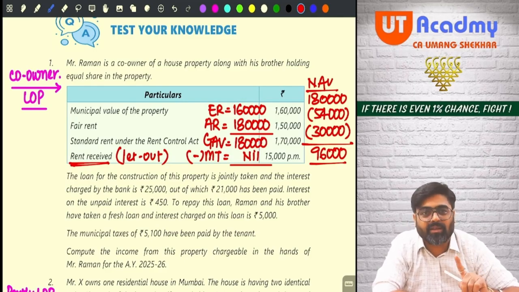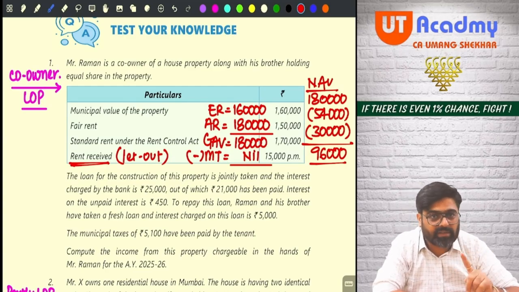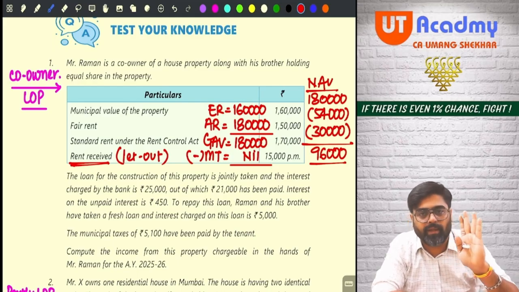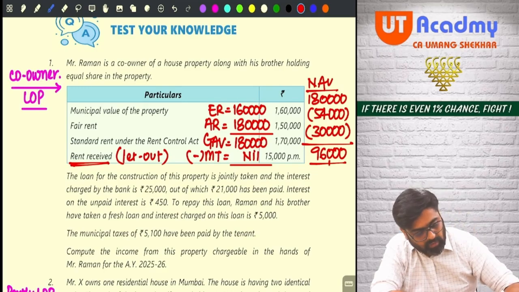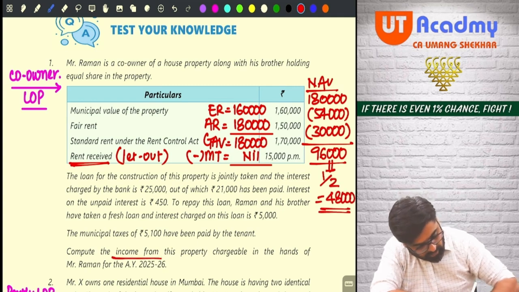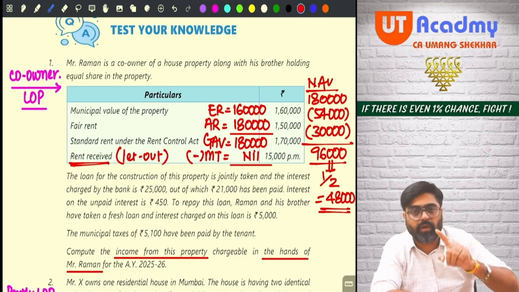But the complication they did in that adjustment given there. In every question you will see such small things where you are committing mistakes. Getting my point? Okay. So 96,000, out of this, half belongs to Raman, that is 48,000, and this 48,000 only is what? Income from house property chargeable in the hands of Raman, which we have calculated.